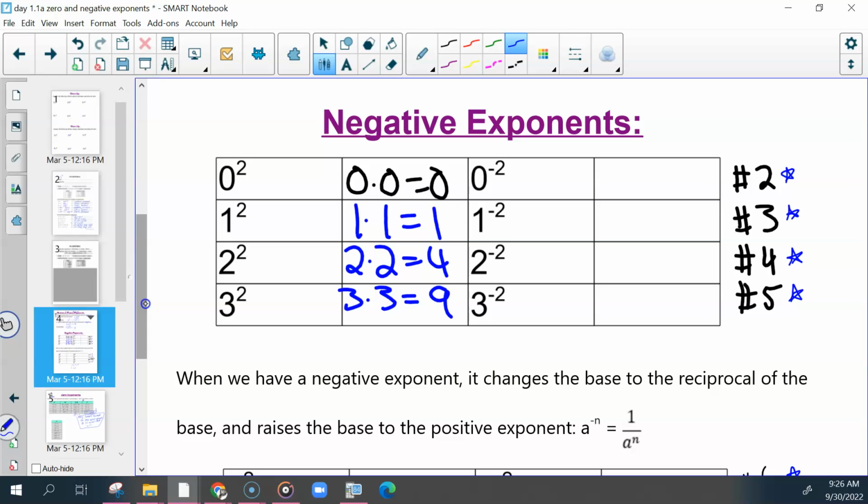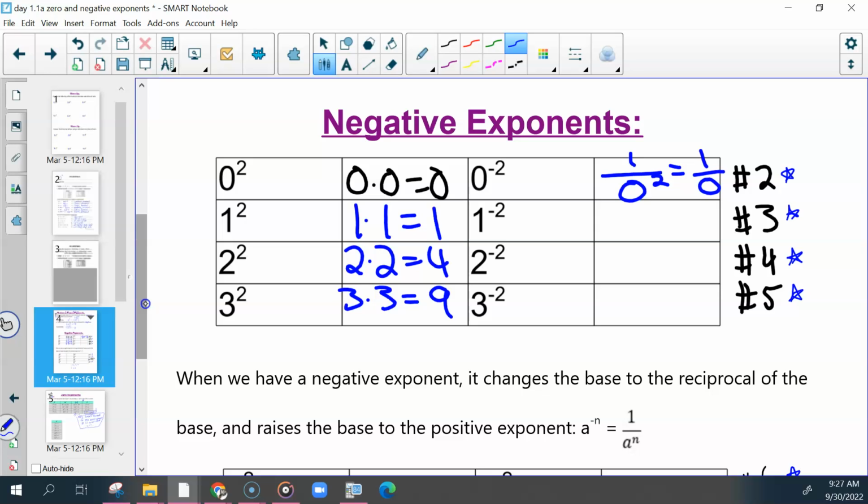Now, when we have negative exponents, math magic happens. We take whatever this base is, we flip it, and raise it to a positive exponent. So this would become 1 over 0 raised to the second power. We know 0 to the second power is 0. So we have something like this.